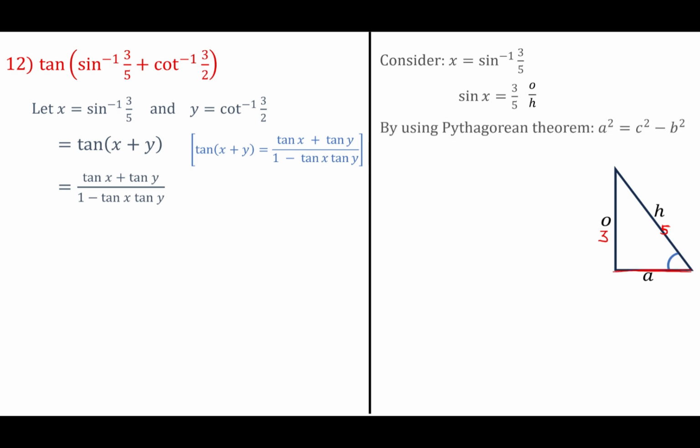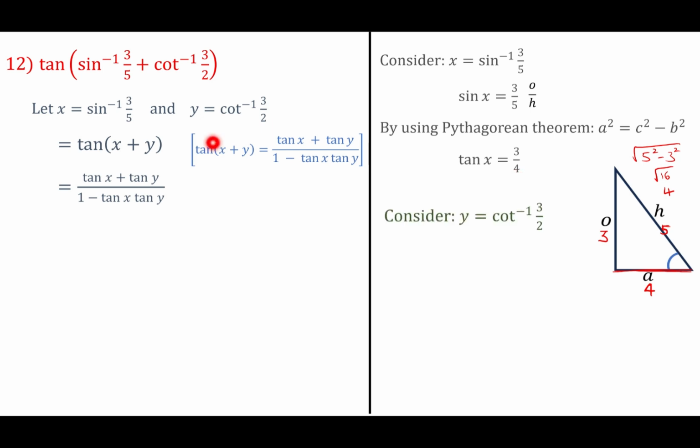Using Pythagoras, the adjacent is the square root of c square minus b square, 5 square minus 3 square, which is square root of 16, and square root of 16 is nothing but 4. So the adjacent side is 4. So sin x is 3 over 5. Similarly, I can find tan x as 3 over 4, because tan is opposite over adjacent. I got the tan x value.